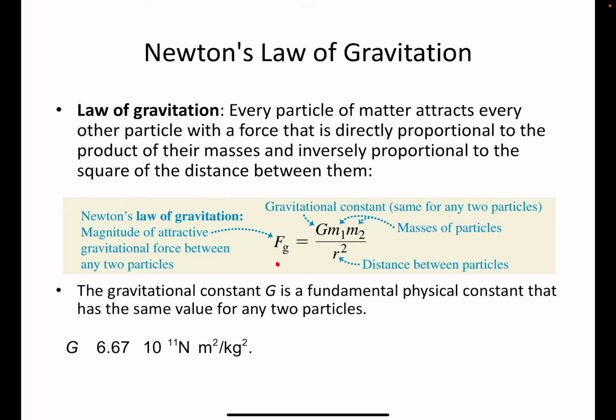The formula is gravitational force equals G m1 m2 divided by r squared. The capital letter G is called the gravitational constant. G is a fundamental physical constant that has the same value for any two particles, and its unit is this.